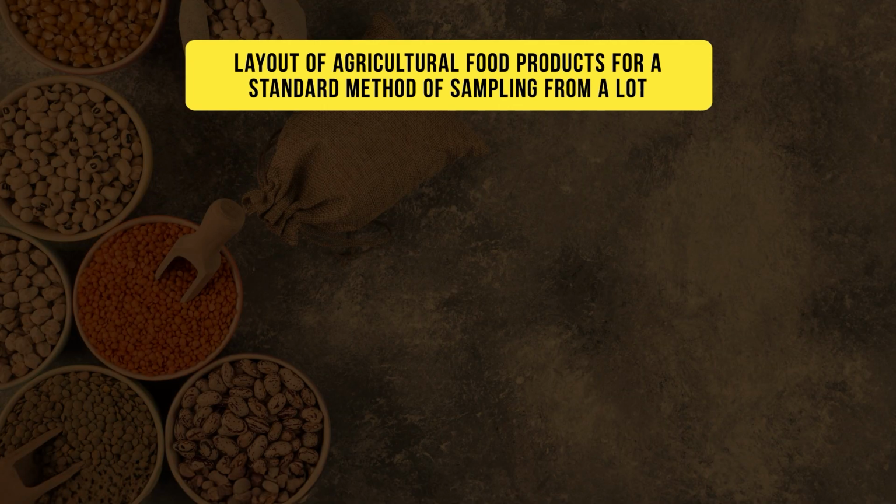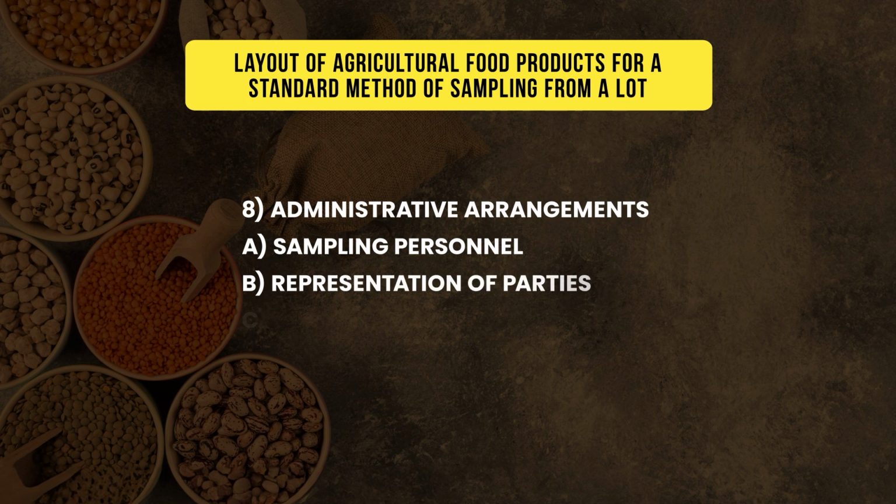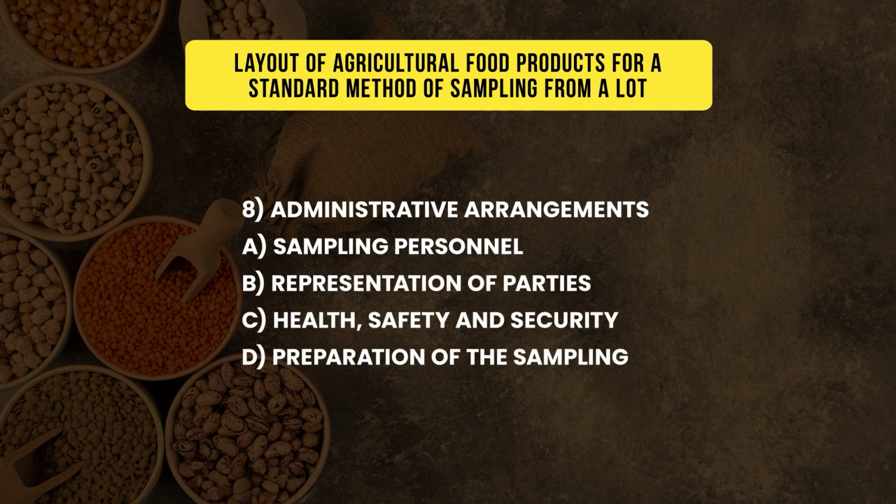This is as per the given standard. Administrative arrangements have to be taken care of. The person who is going to go for sampling must be authorized. Representation of parties concerned. There must be an agreement between the one who is carrying out the sampling, and the person whose lot has to be sampled.